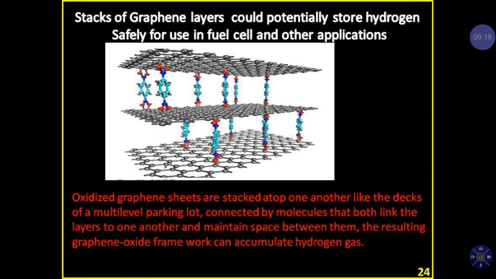Few molecules act as pillars to arrange oxidized graphene sheets one on another, which creates space between oxidized graphene sheets. In these spaces, as shown in picture, hydrogen gas can be stored.